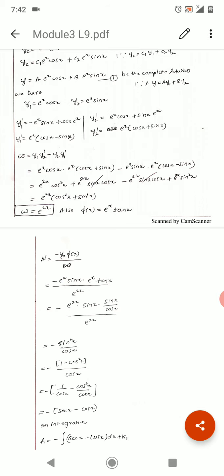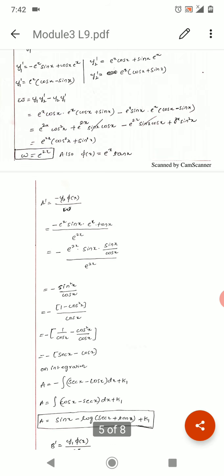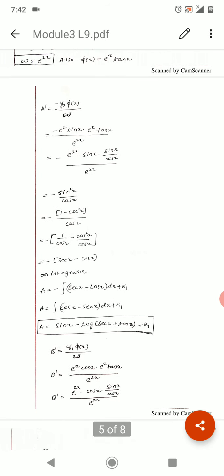Now consider a dash is equal to minus y2 phi of x divided by w, which is equal to minus, here y2 is equal to e power x into sin x and phi of x is e power x into tan x, divided by e power 2x.